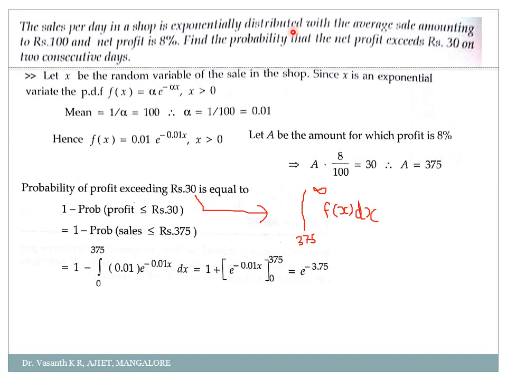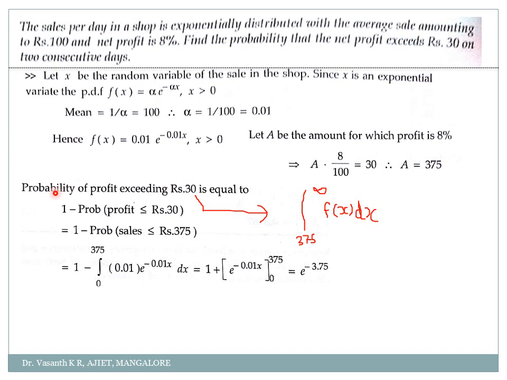Means for 30 rupees the net profit is 8%. See, read the question carefully. Find the probability that the net profit exceeds rupees 30, correct? They are not telling you that the average will exceed rupees 30. They are telling you that the net profit exceeds rupees 30. So it will be a into 8 by 100 is equal to 30. So the total net profit is equal to 30, or a is equal to 375.